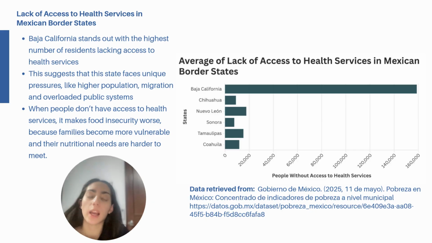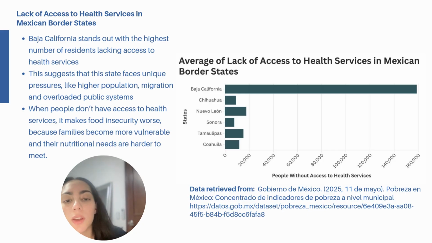Here we can see how lack of access to health services varies across Mexican border states. Baja California stands out by a large margin, with far more residents unable to access basic healthcare compared to the rest of the states. The other states, like Chihuahua, Nuevo León, Sonora, Tamaulipas, and Coahuila, show smaller but meaningful gaps. This pattern matters because when people can't access health services, their vulnerability to food insecurity increases even more. Without healthcare, families have fewer resources, higher expenses, and poorer nutritional outcomes.